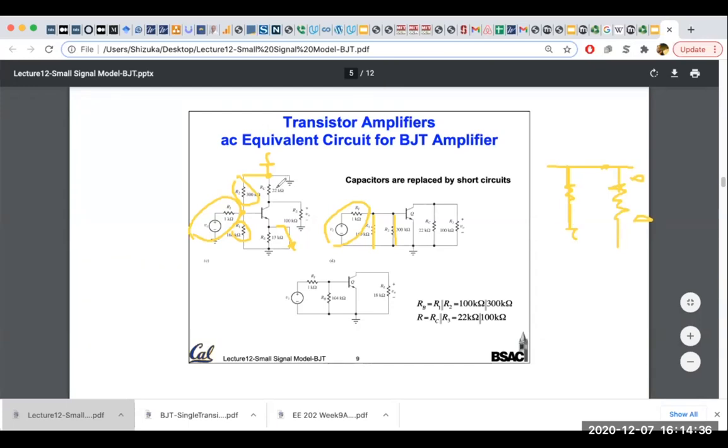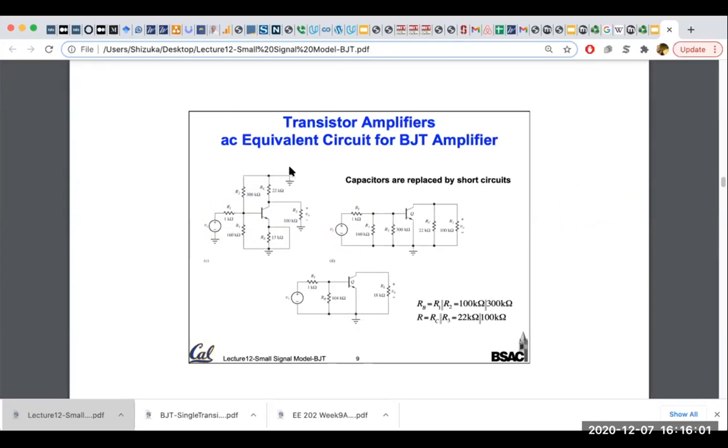So then this 22K at the output, you short all the DC voltages, right? So these resistances become shorted to the ground, as you can see here. At the output, at this node, there is RC short to the ground.